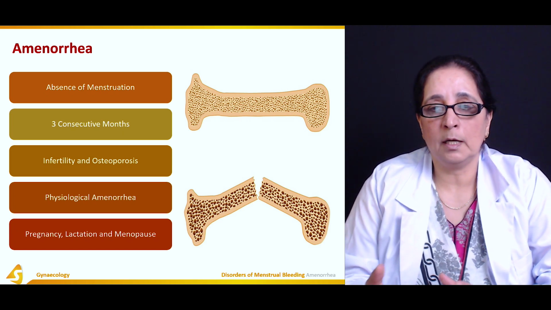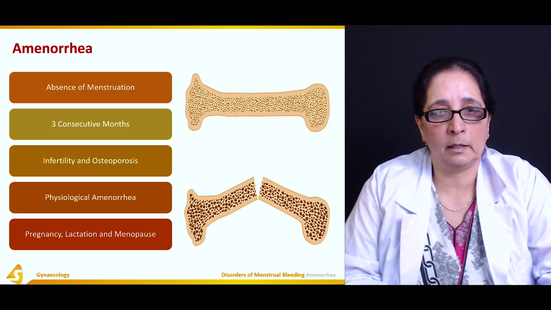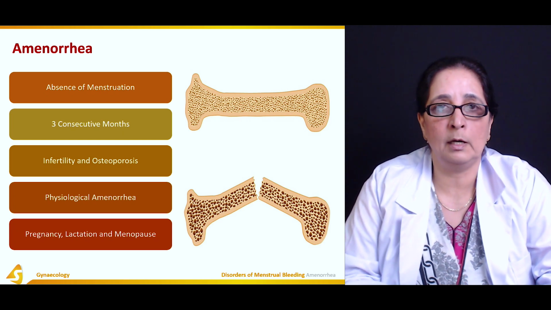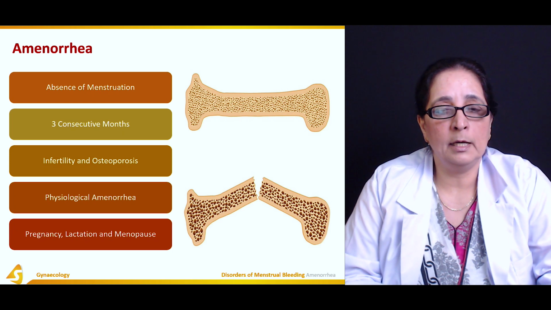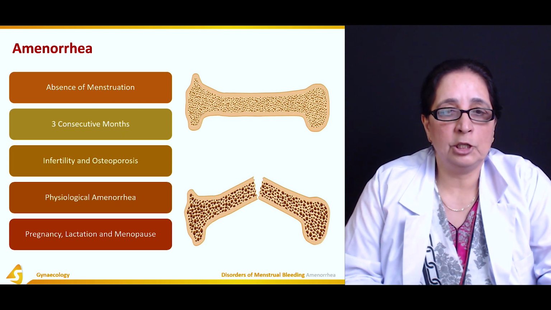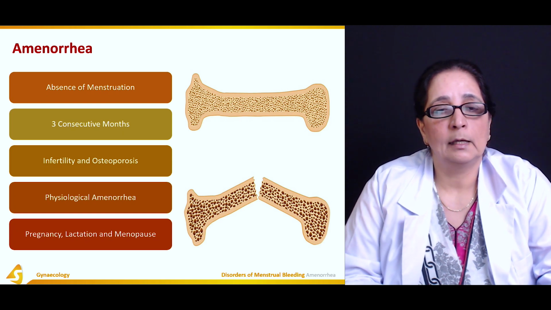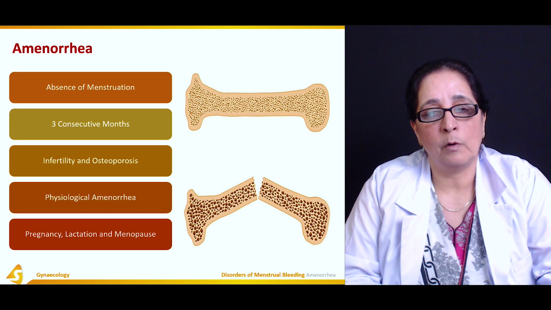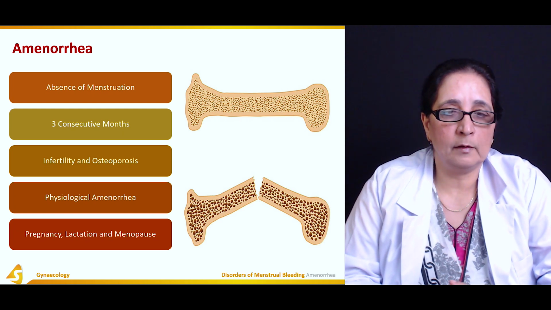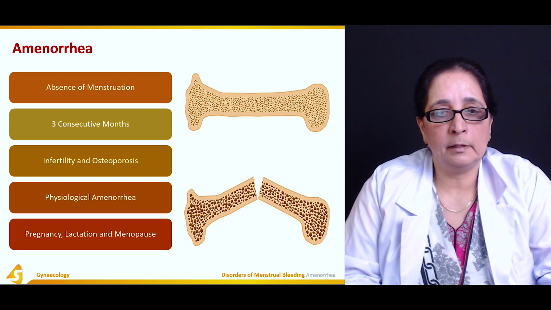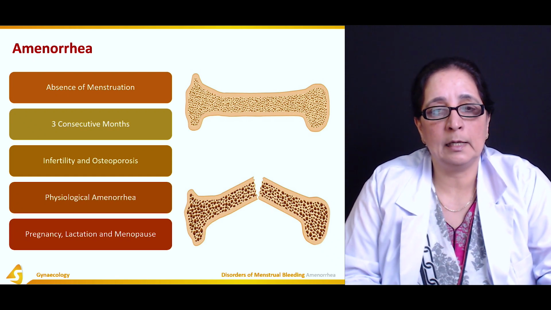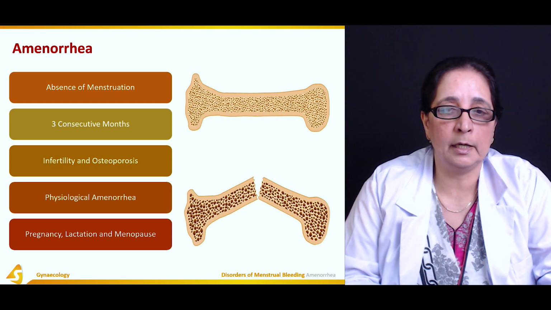Physiological amenorrhea is amenorrhea which is normal, that occurs normally in life, and 3 conditions lead to physiological amenorrhea: pregnancy, lactation, and menopause. During pregnancy, there is no menstruation for 9 months. So that's the physiological amenorrhea. If the mother is breastfeeding the baby, that also leads to physiological amenorrhea.